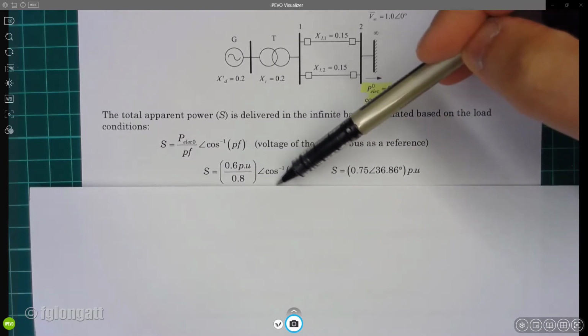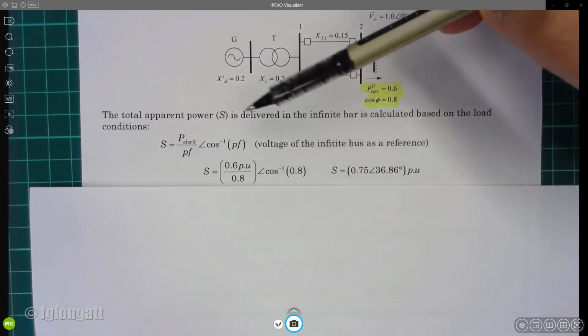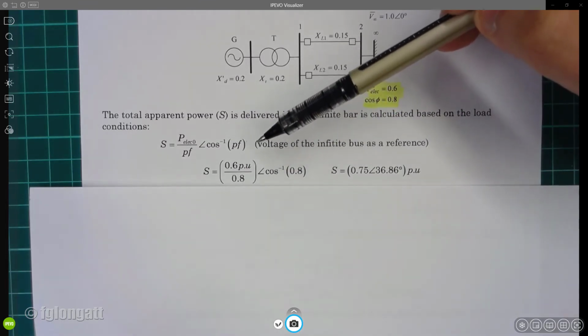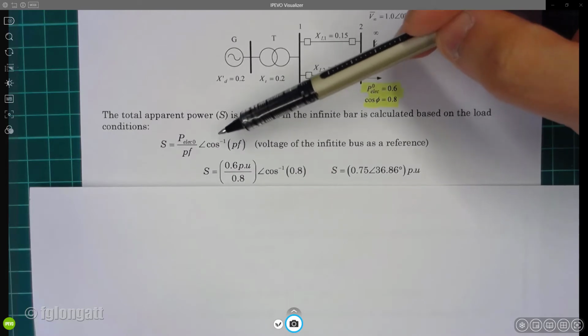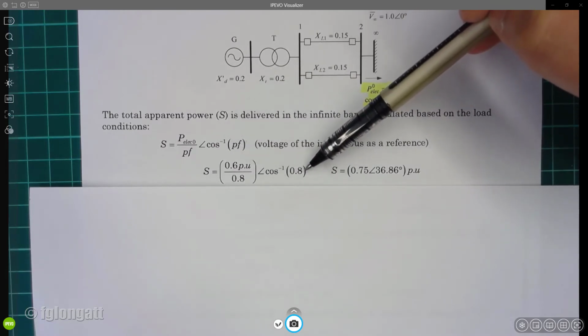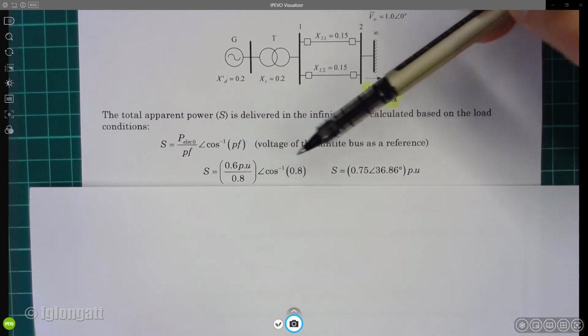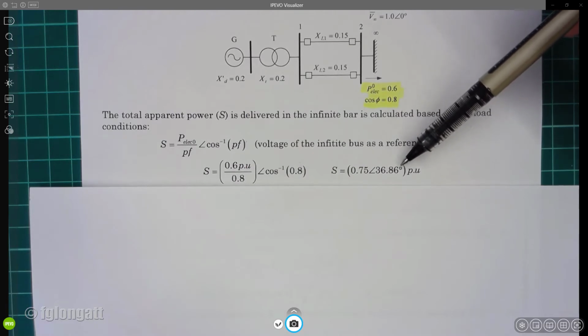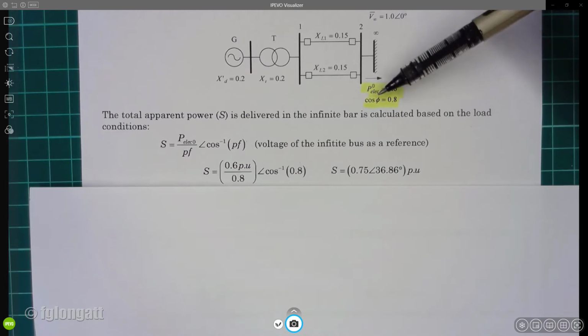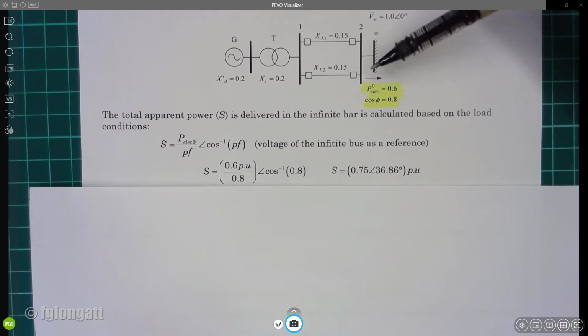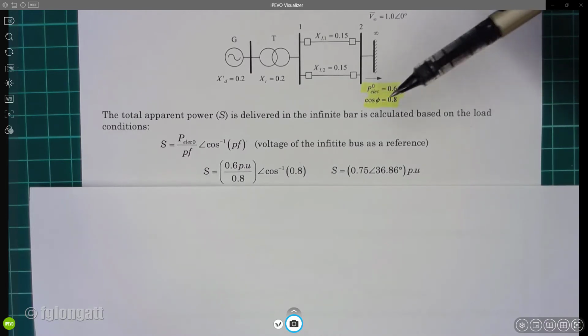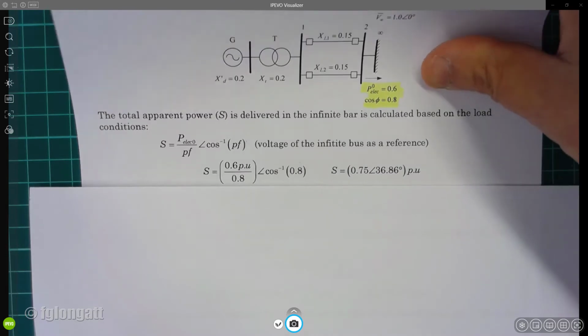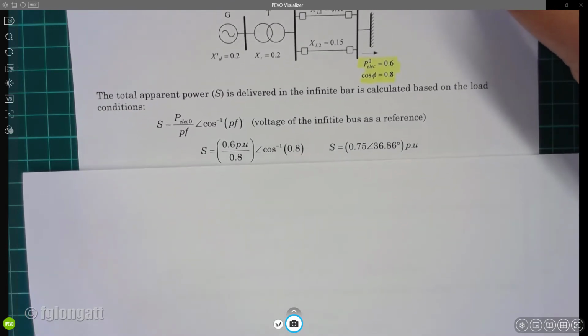The angle that defines the power factor, 0.8, gives a power angle of 36.86 degrees. Now we know the apparent power that is reaching the infinite bus bar.